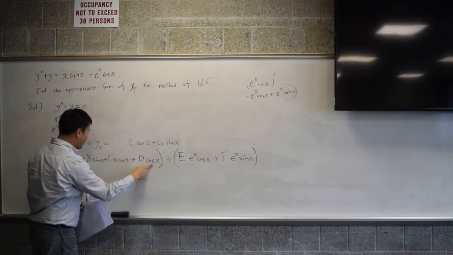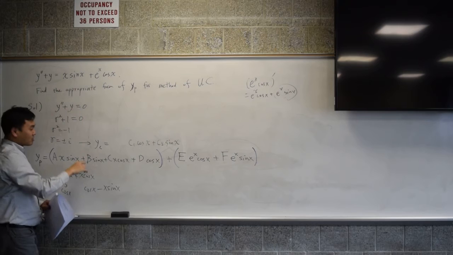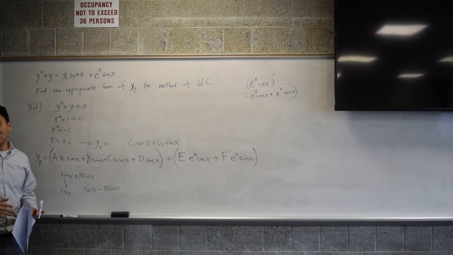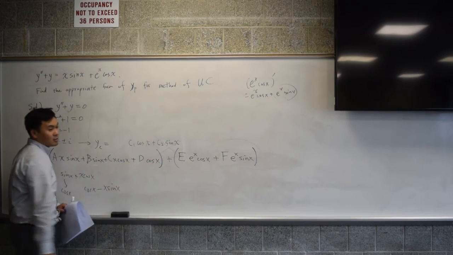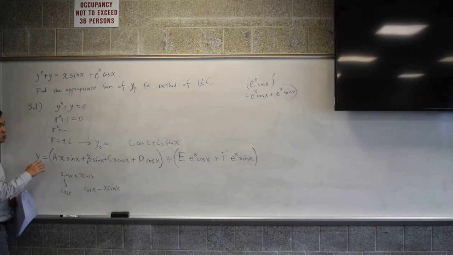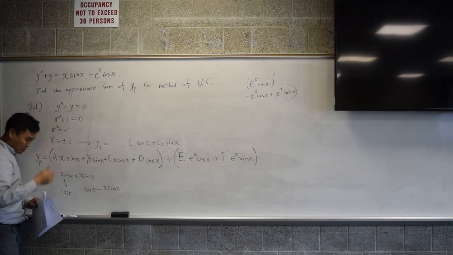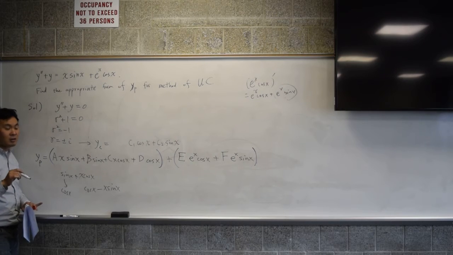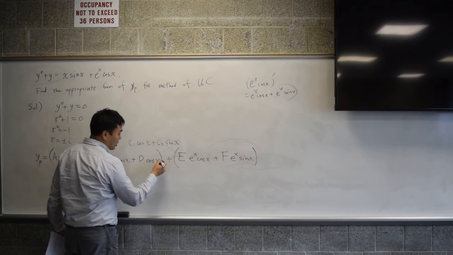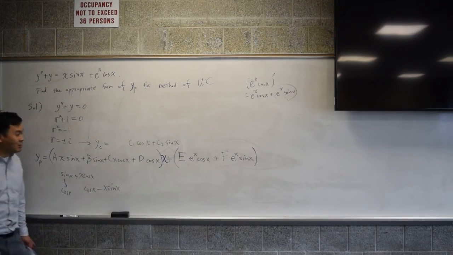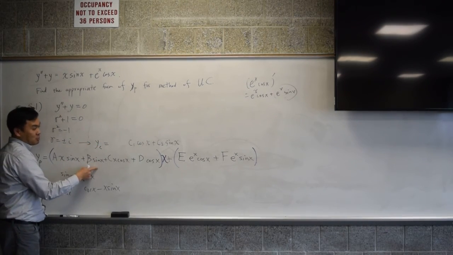So these are duplicated here, meaning that these terms, when you plug in the left side, are just going to disappear, making these kind of useless, right? So because these terms are weak, you need to strengthen this group. The entire group has to be strengthened. How do you strengthen a group? You multiply by x, until you completely avoid duplication. So here's x. If I multiply x to this group, the entire group, now there is no duplication between yc and yp, and that's it.